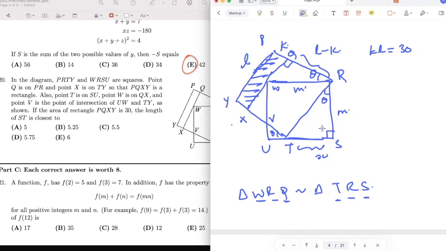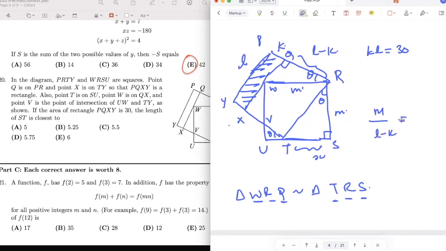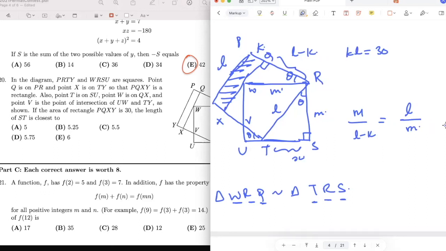So if I say M divided by L minus K is, this is also L, right? L divided by M, right? Yeah.